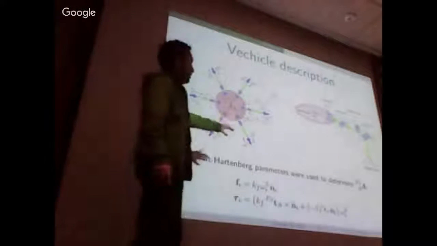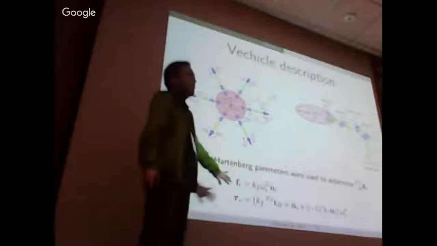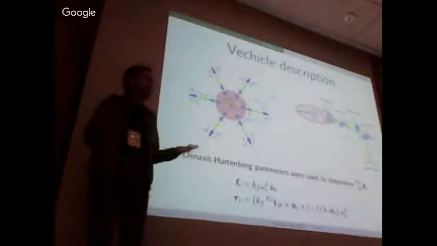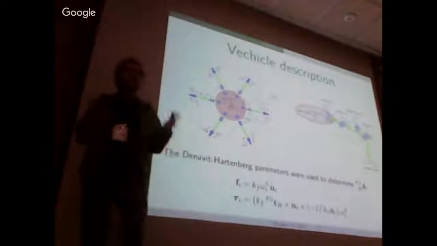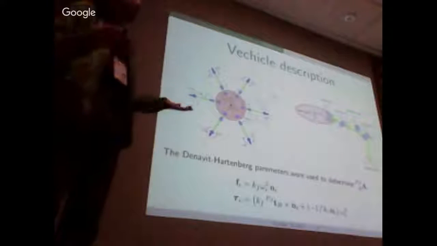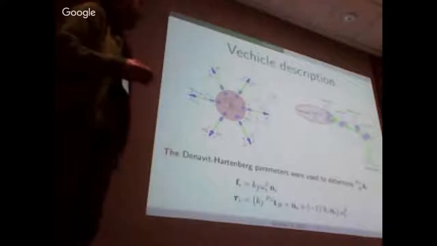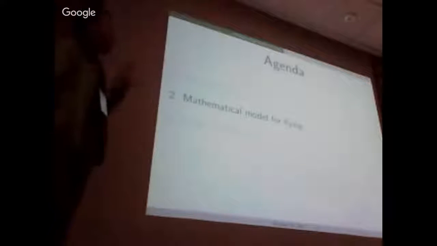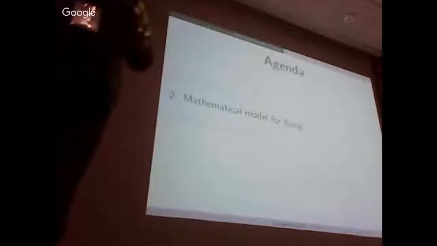What I just told you, we modeled the physical configuration of the vehicle using normal vector computation. And this is what I will now introduce, the mathematical model that we formulated for this vehicle.